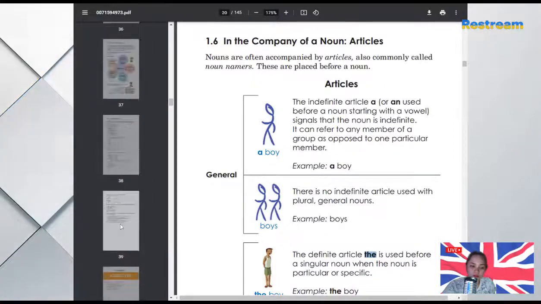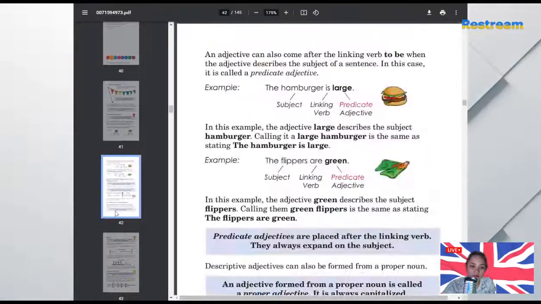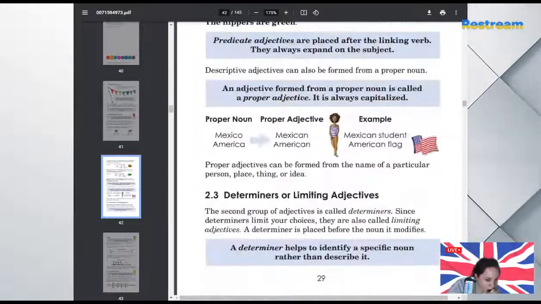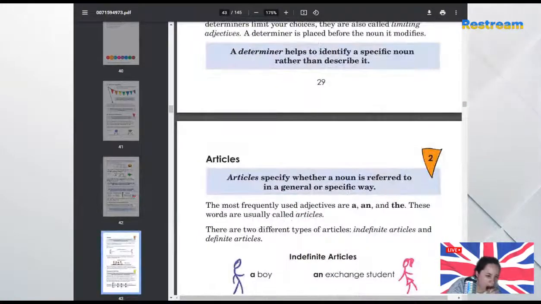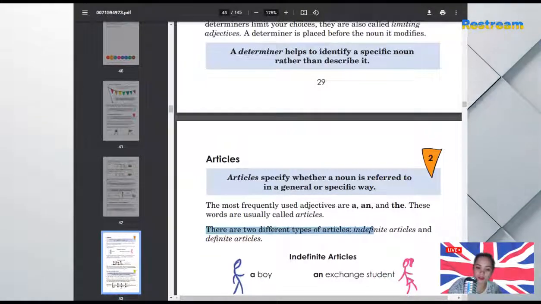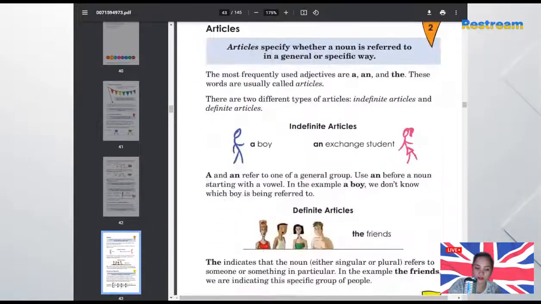So let's go back there again. There are two different types of articles, the indefinite articles and the definite articles. For indefinite articles, we have a and an.